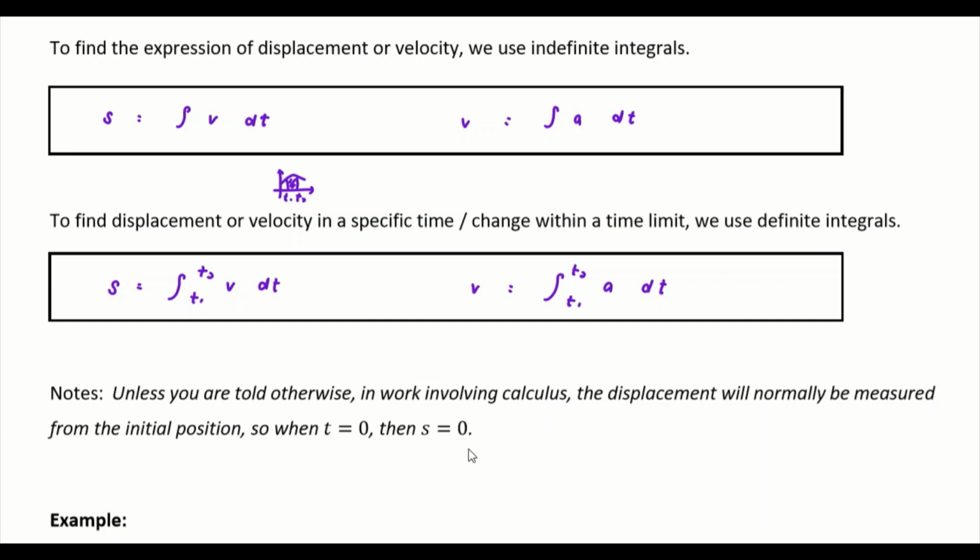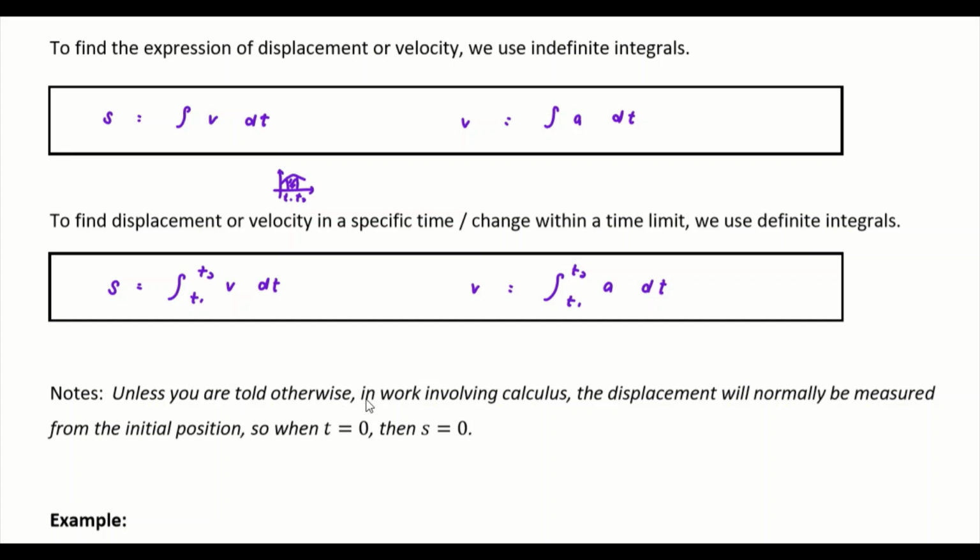When we try to find the expression, this is the part where we have the indefinite integral, so that's why we will have the plus constant when you integrate. So normally you will need at least one piece of information to help you find the exact function.